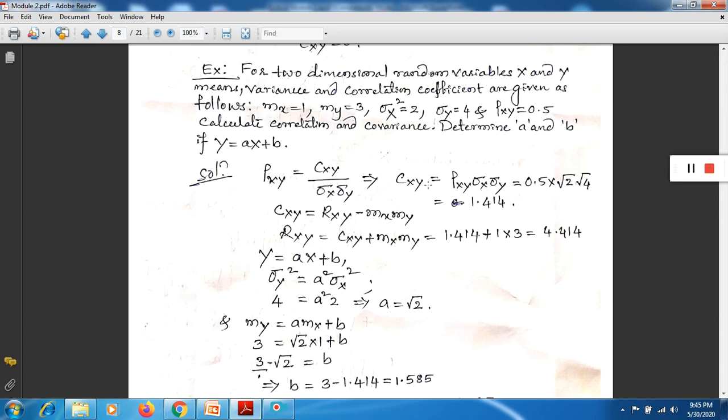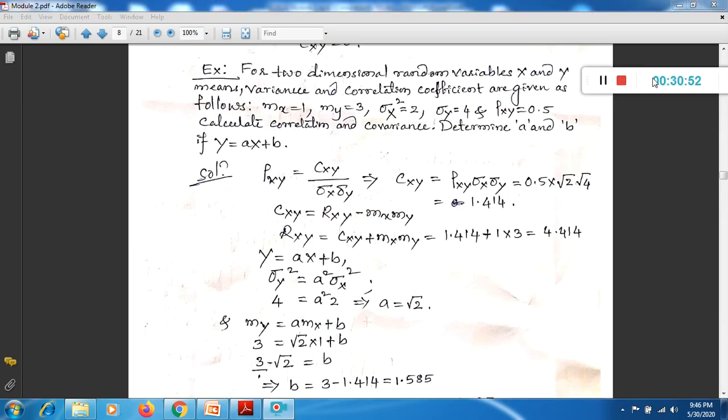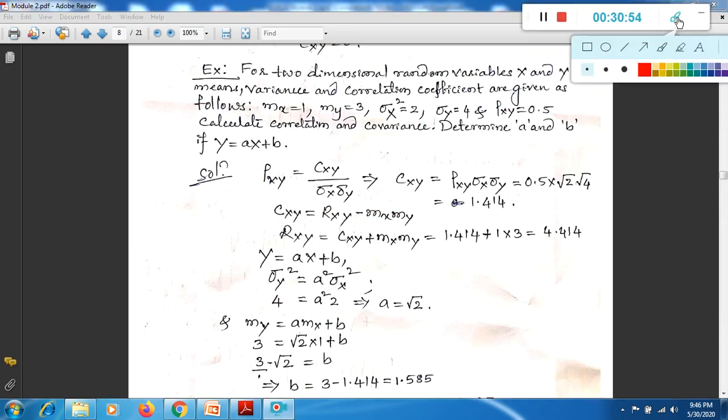So the value of C of xy, that is the covariance, is given by 0.4, the 0.5, the value of rho of xy, and del of x square is 2 and del of y square is 4.